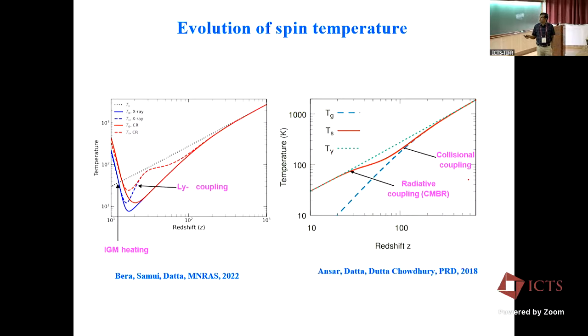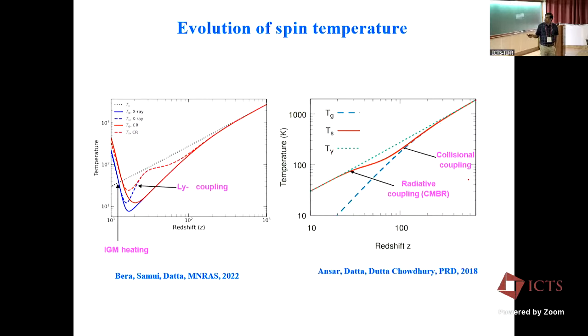So initially collisional coupling is very strong compared to the other, Lyman alpha coupling. That's why it is following the gas kinetic temperature. But later you see the spin temperature is rising and trying to follow the CMB temperature.